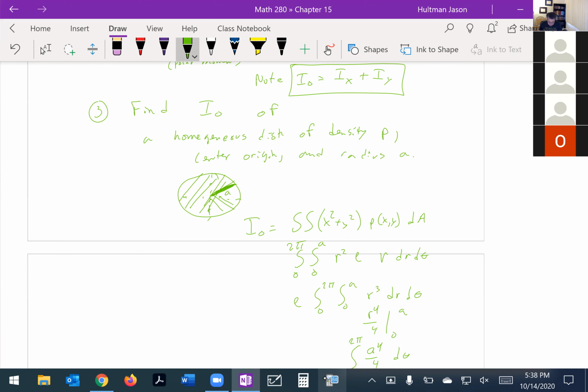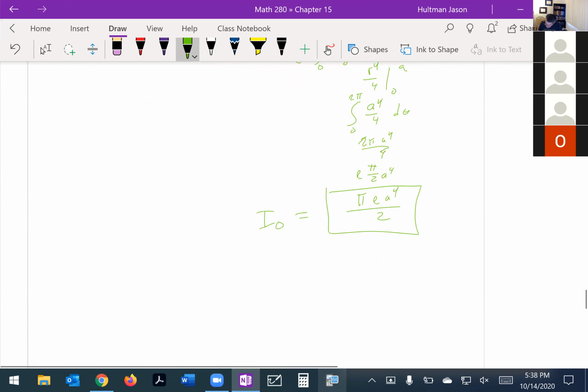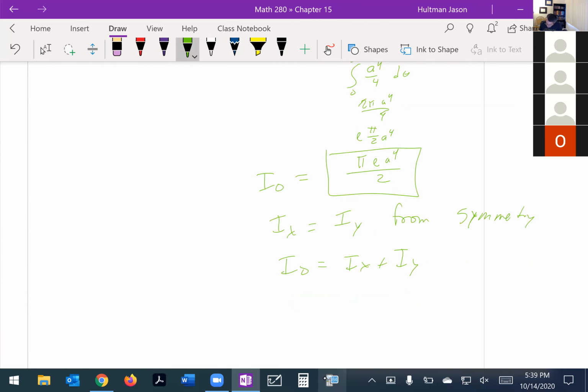So from symmetry, we know that I_x is equal to I_y, and we also know that I_0 is equal to I_x plus I_y. So I_0 is equal to 2 I_x's, so I_x equals I_y equals I_0 over 2.